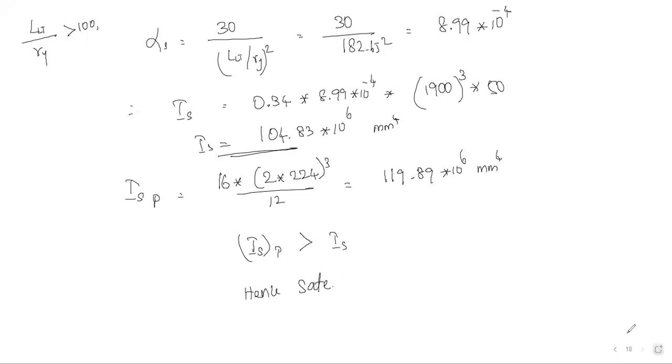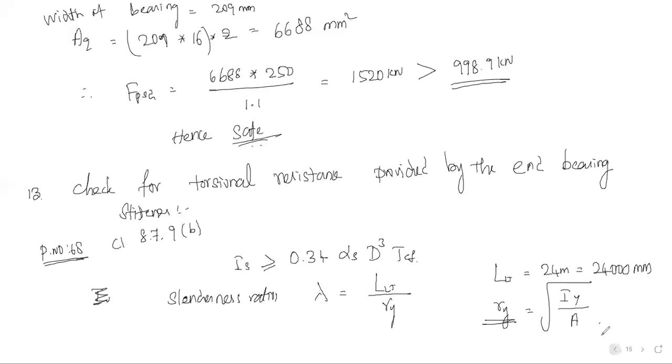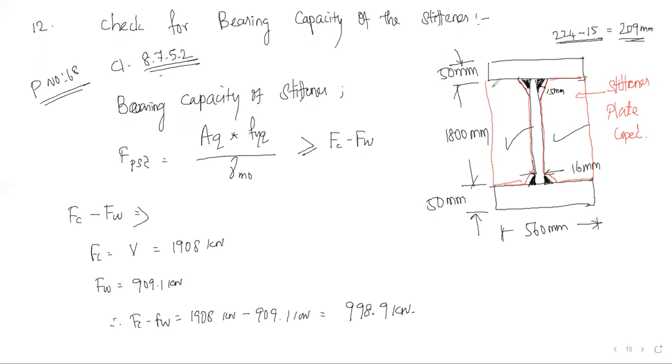Okay. Next, the last step, end stiffener connections. As usual, here we have the section. This section has to have the connection like this.